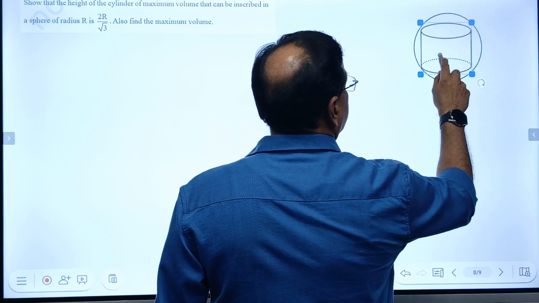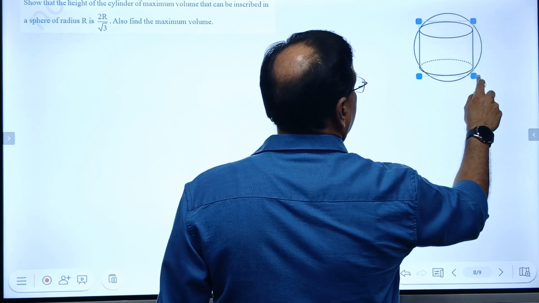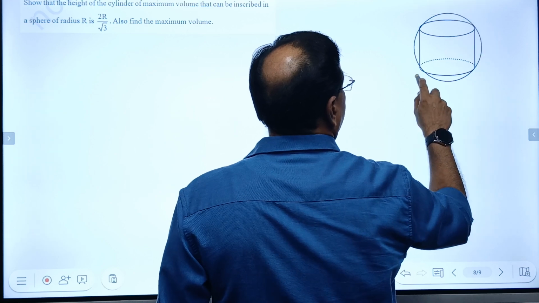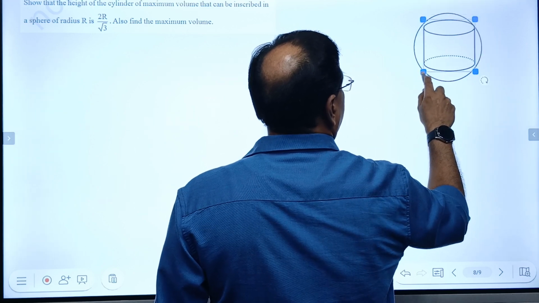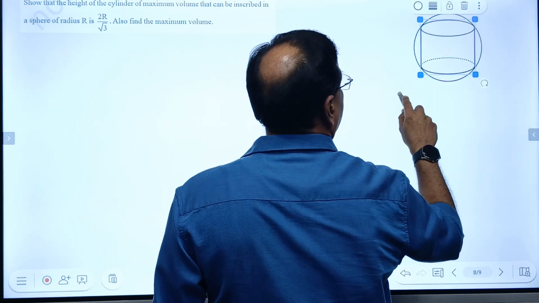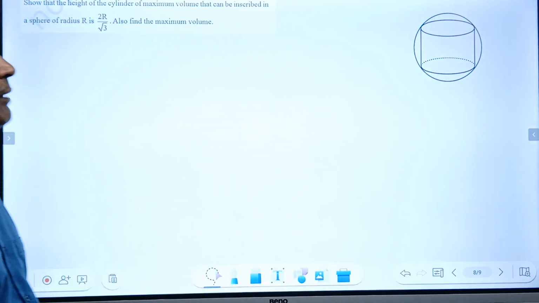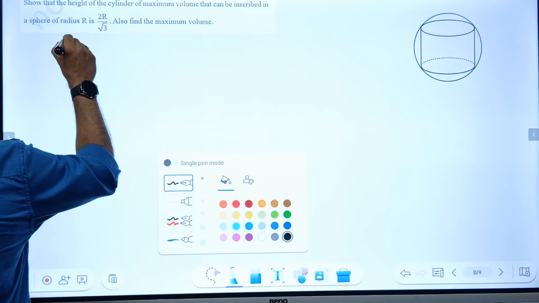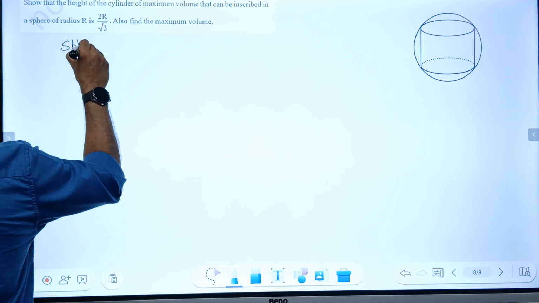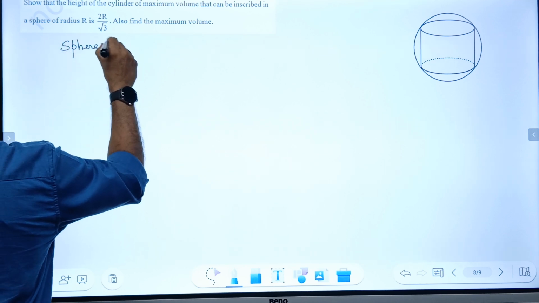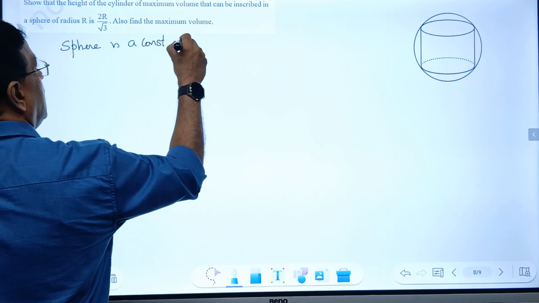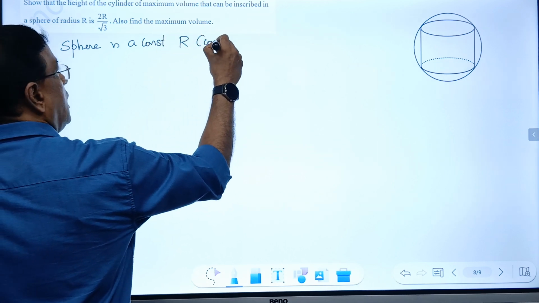So I am inscribing a cylinder. So a cylinder is inscribed in a sphere. So here you know very well everything about the sphere. Everything about the sphere is a constant. So here I think he has given capital R as the radius of the sphere. So R is a constant.